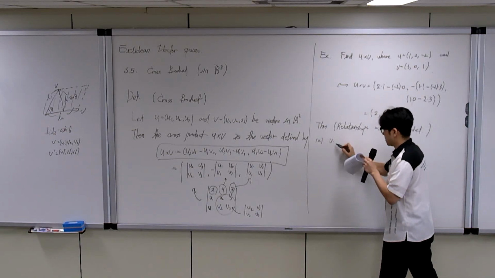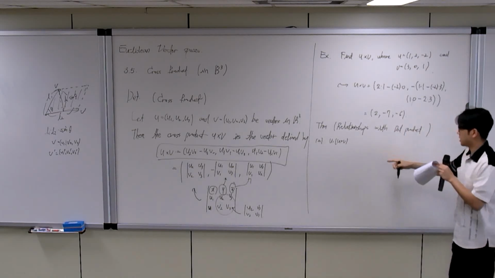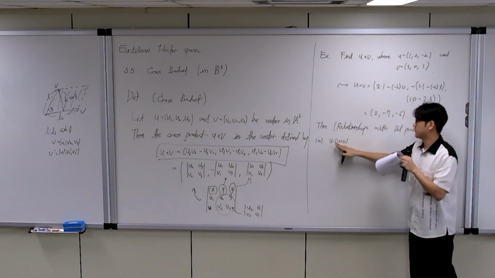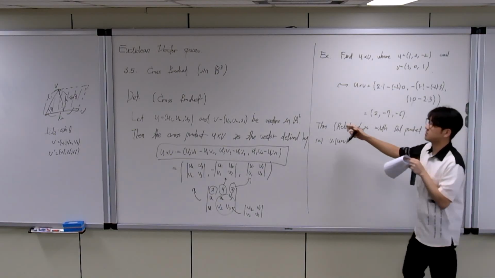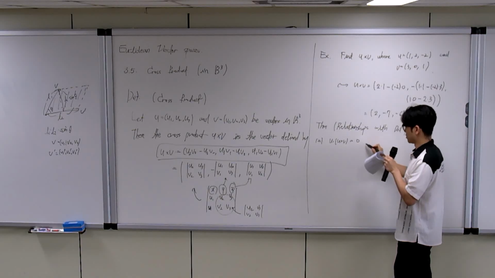The first property is U dot (U cross V). Here U and V are vectors in R3.